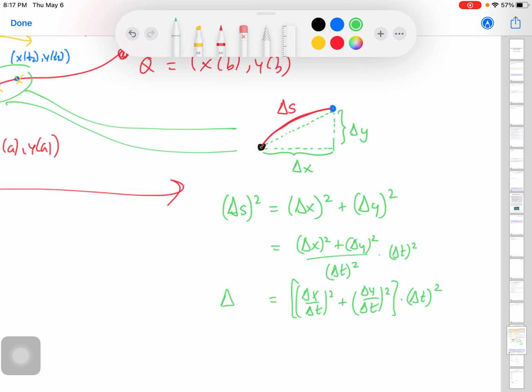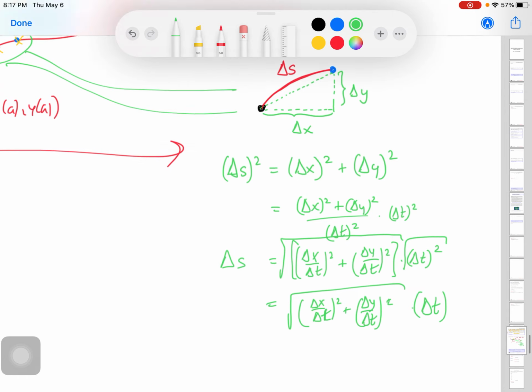Finally, I take the square root of the entire equation, giving me the square root of (delta x over delta t) quantity squared plus (delta y over delta t) quantity squared, and then times delta t out here by itself.